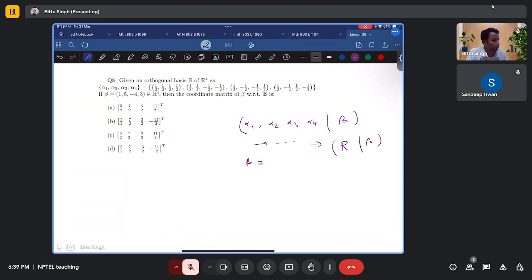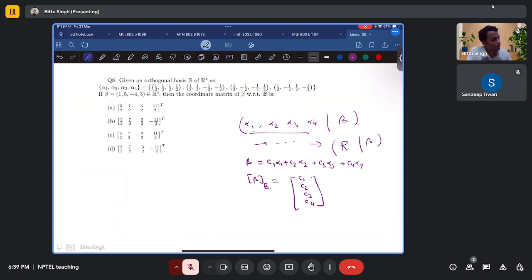Suppose beta can be written as C1 alpha 1 plus C2 alpha 2 plus C3 alpha 3 plus C4 alpha 4. Then with respect to this ordered basis, the coordinates will be C1, C2, C3, C4. So this is a lengthy process with lots of calculation.